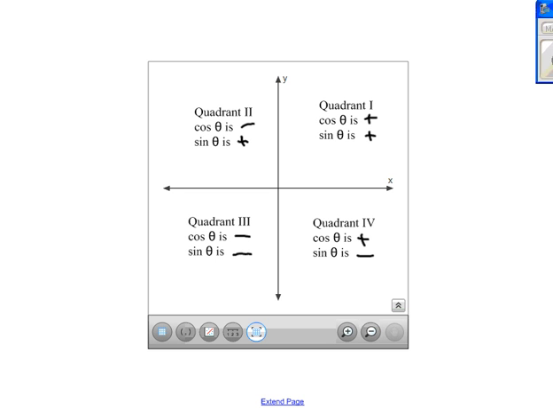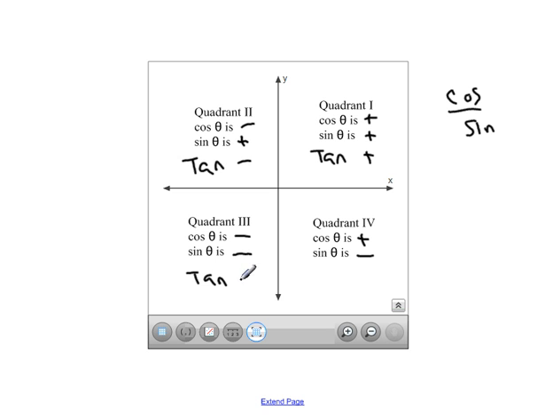If you're wondering how we get tan, it's very simple. Tan is just cosine over sine. So tan over here is positive over positive, so tan is positive. Tan over here is a negative over a positive, which is a negative. And tan over here is a negative over a negative, which is a positive, so tan is positive here.